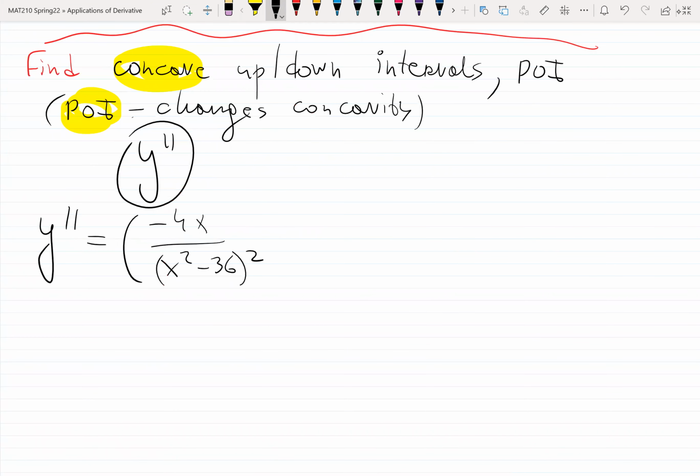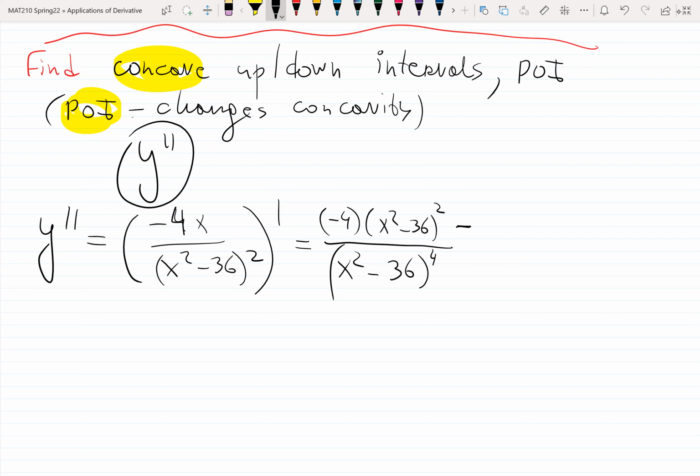This is the quotient rule. Let's review the quotient rule really fast. Quotient rule is u over v, square the denominator. Remember, I always say start with that. So it's going to be square squared. Derivative of the top, minus 4, copy the bottom, x squared minus 36 squared, minus copy the top, minus 4x.